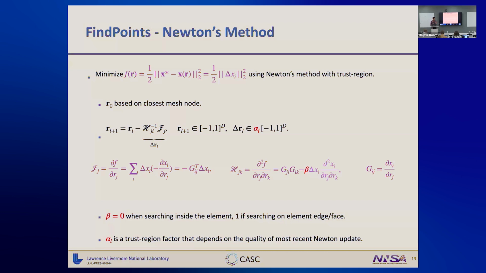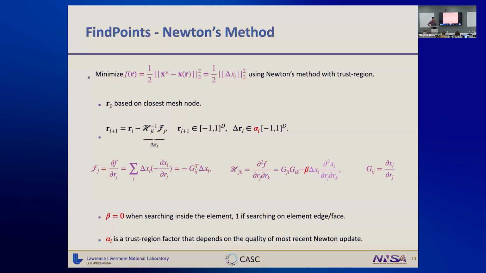scale factor. Okay, so we have our Jacobian and the Hessian here. The Hessian is the most expensive to compute, right? You have a second derivative in the Hessian, and this term that you see highlighted with beta can have up to d cubed components, so that's up to 27 components in 3D.